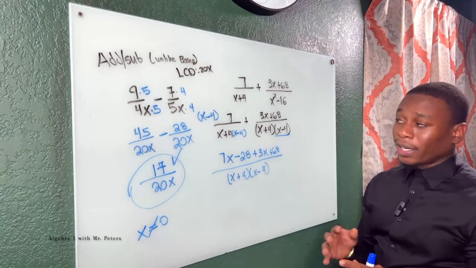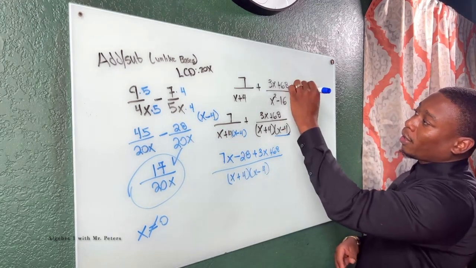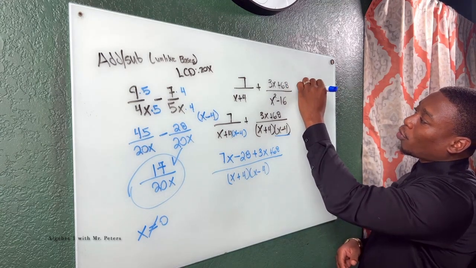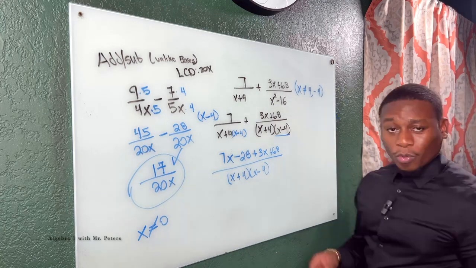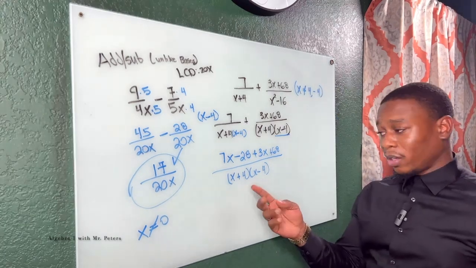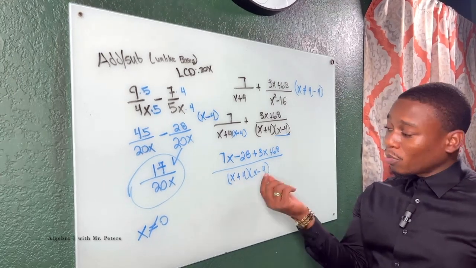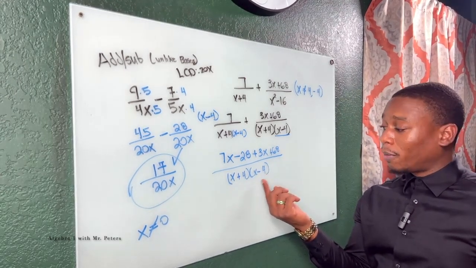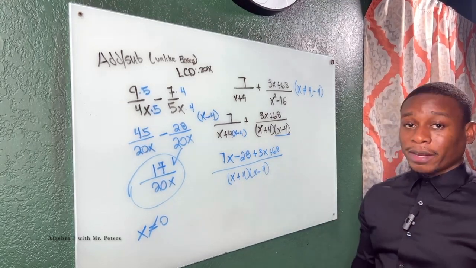Now, when we apply that same rule to the second problem, what we're seeing is that x cannot be equal to 4 or negative 4. Because if we get those in the denominator, right? Negative 4 plus 4, that's 0. And once we multiply that by the second binomial, we're going to have 0 in the denominator. We cannot have that, all right?